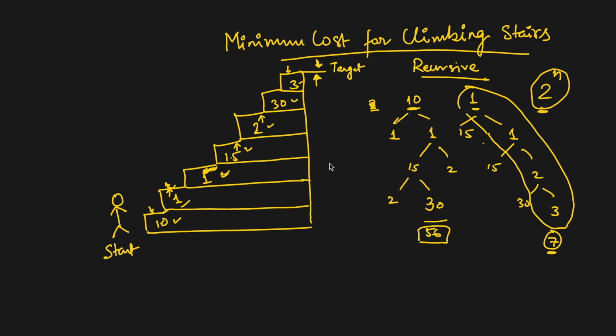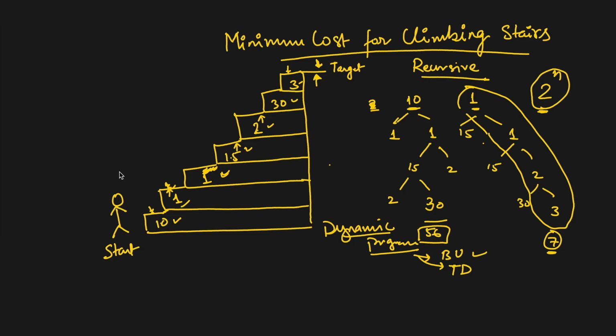So we can reduce this complexity by solving it using dynamic programming. Okay, so in dynamic programming, we know that we can solve the problem using two approaches, one is bottom up and one is top down. Okay, so here we are going to solve it using bottom up.